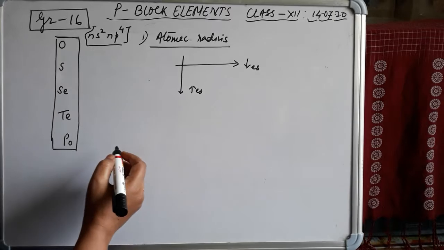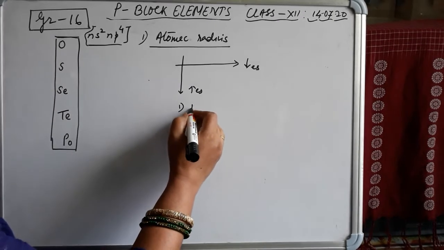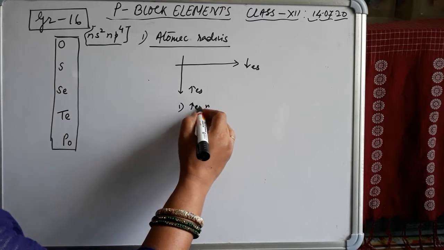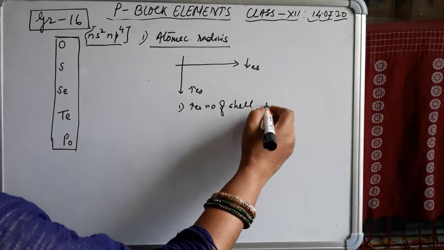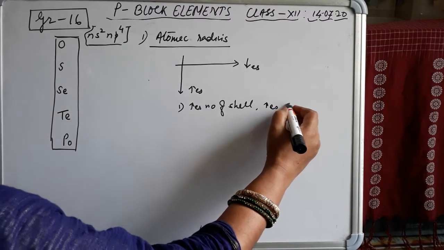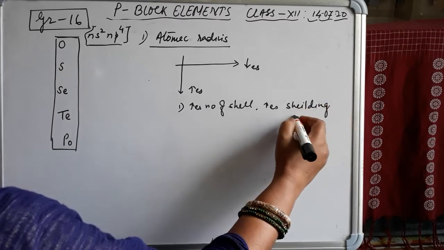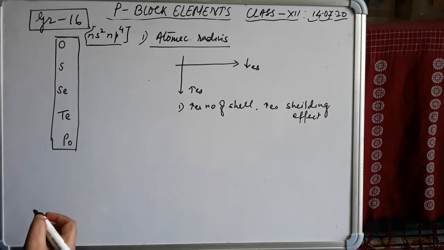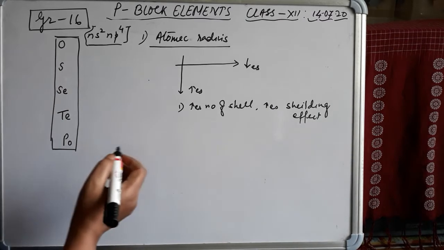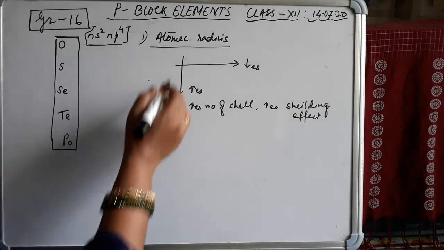Atomic radius increases in a group due to the increase in number of shells and also the increase in shielding effect. These are the two main factors mentioned here.